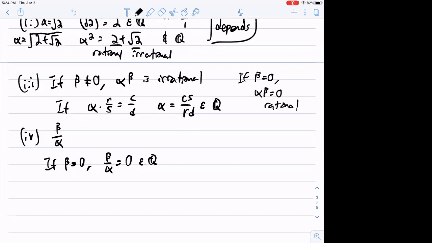And I'm implicitly assuming, first off, alpha can't be 0, because 0 is not irrational. So we have no issues with dividing by 0.